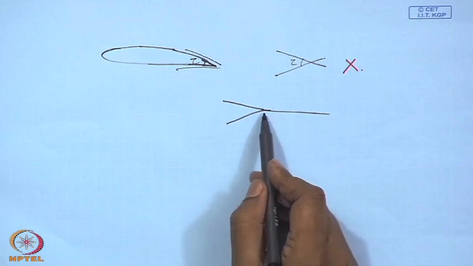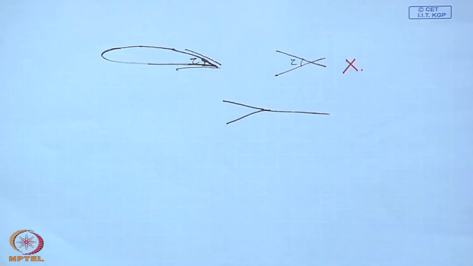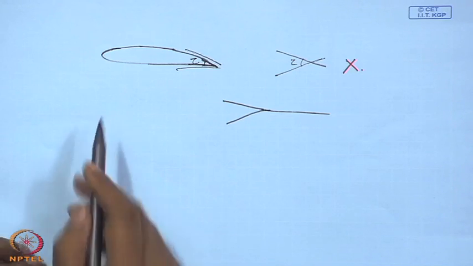And how is that possible? At the trailing edge the velocity must be 0. At the trailing edge the velocity must be 0, or the trailing edge must be a stagnation point.